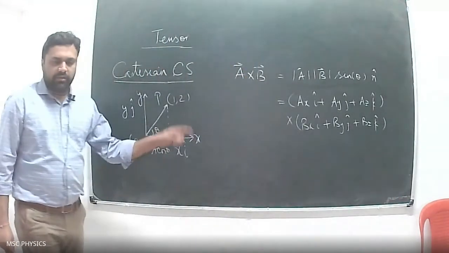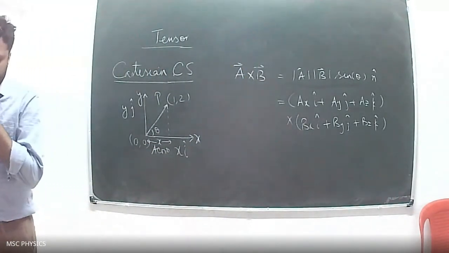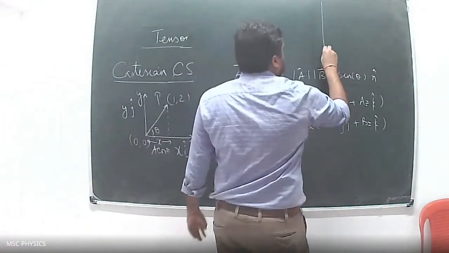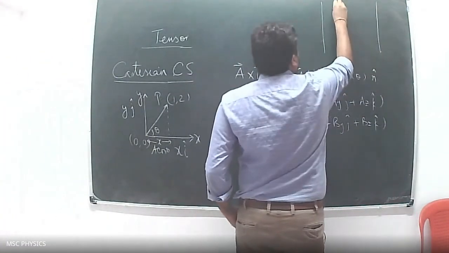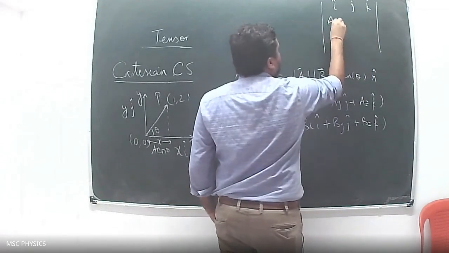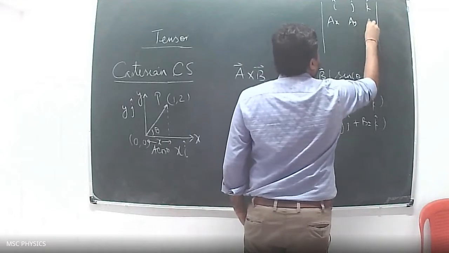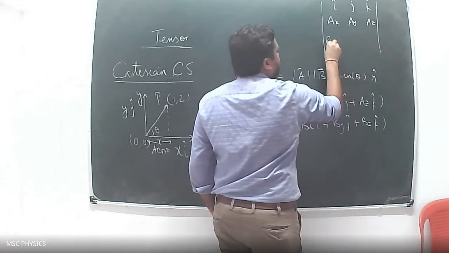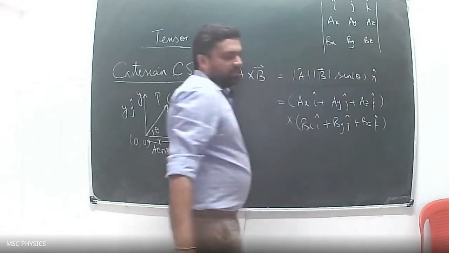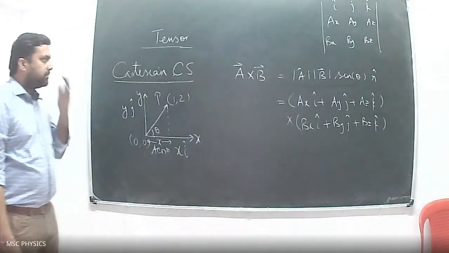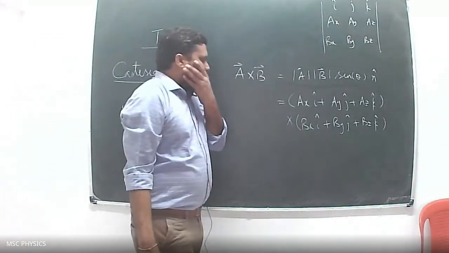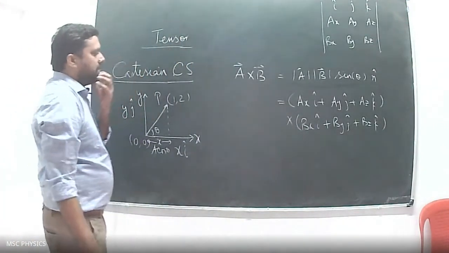I want to write this also in the indices form. There are various ways to find this cross product. People make this determinant also: i, j, k, the components of the first vector AX, AY, AZ, the components of the second vector BX, BY, BZ, and then find the determinant of this. Or there are other ways.